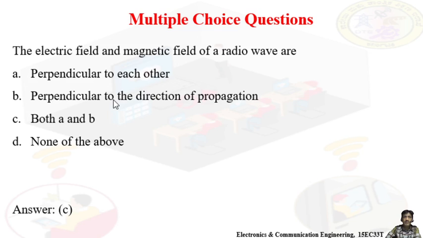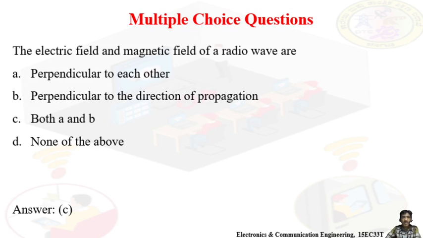The next is a multiple choice question. The electric and magnetic fields of radio waves are: A, perpendicular to each other; B, perpendicular to the direction of propagation; C, both A and B; D, none of the above.